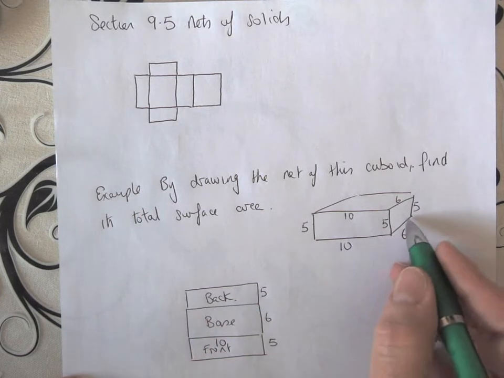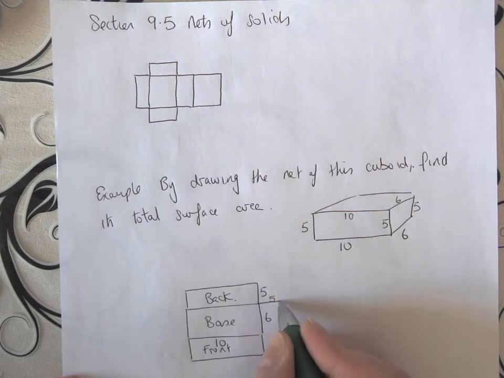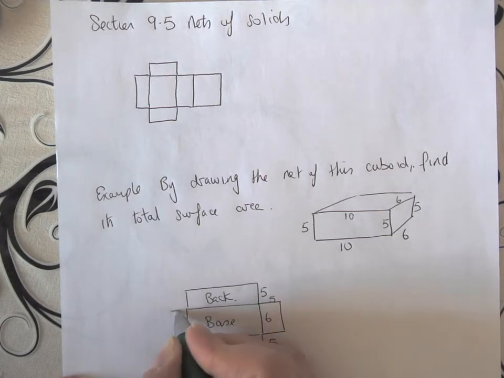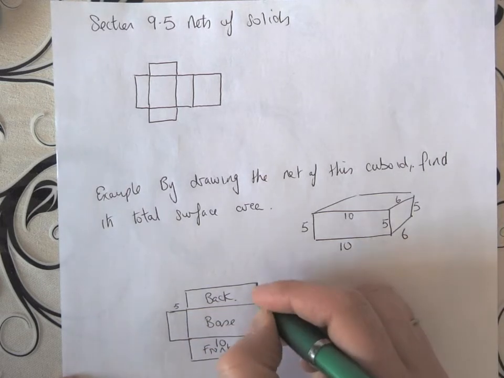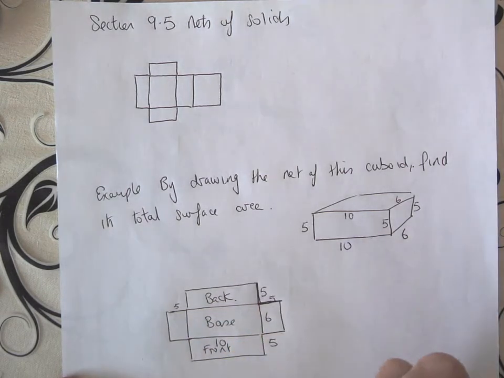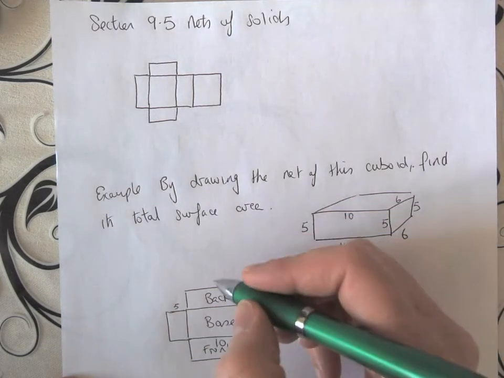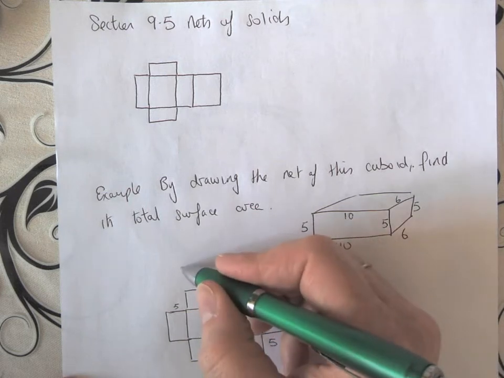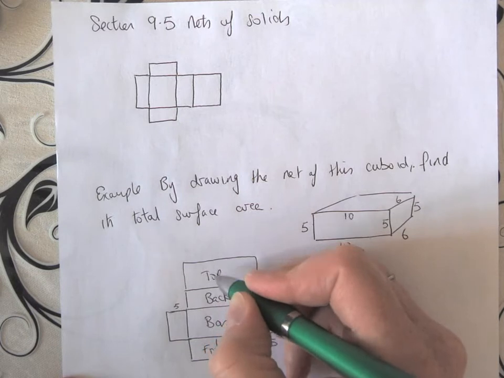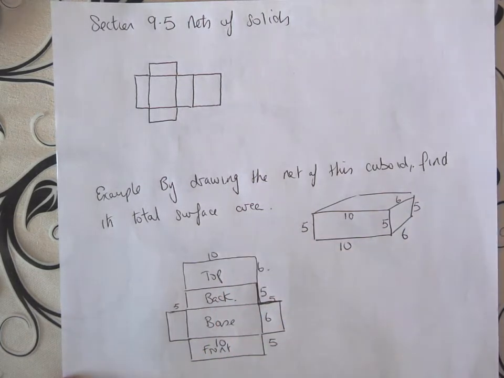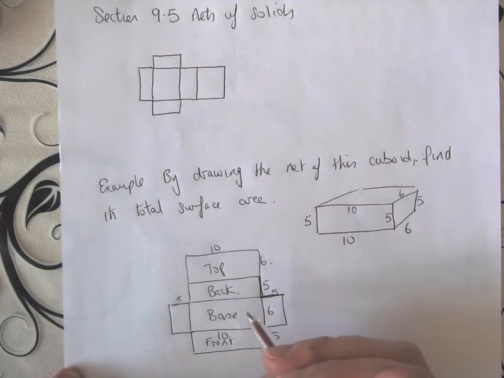Then the sides, if I go out the side, this is 5. Pieces like this have to be the same, because when they fold up, they're going to fold up together. I have the back, the front, the two sides, the base, so the only thing left is the top, and the top is going to be the same as the base. So this is the top, and it's 10 by 6. And that's your net.